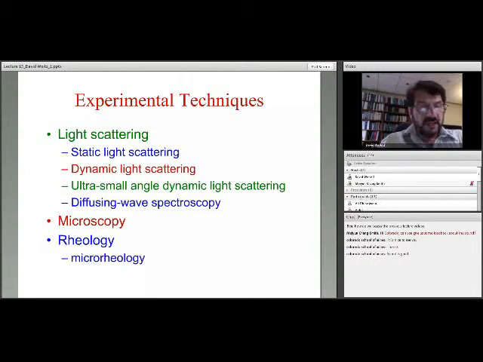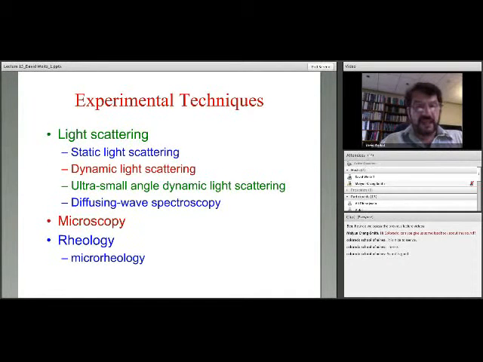Finally, as I mentioned, because the main technological use of colloidal particles is to control the rheology, rheological measurements are also very commonly used and are very important to understanding the properties of the system. And I will describe some of that in these lectures.